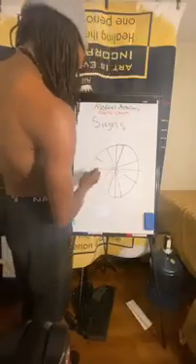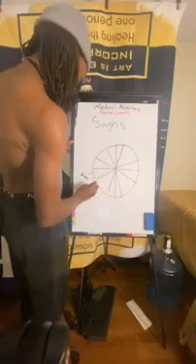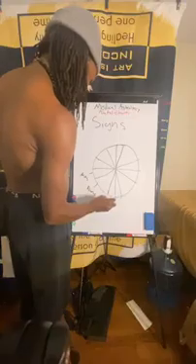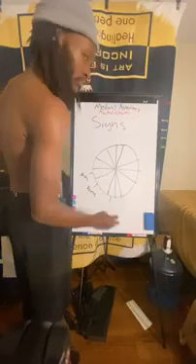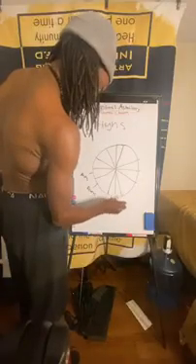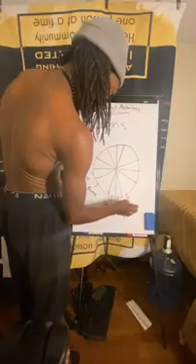So we have Aries, Taurus, Gemini. This is Cancer. This is Leo.